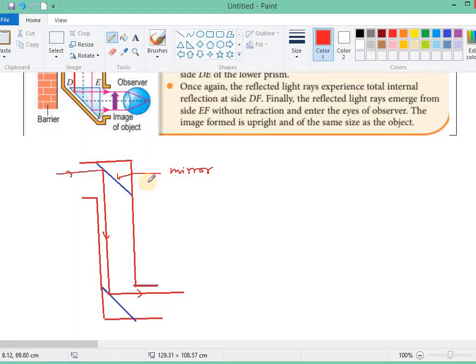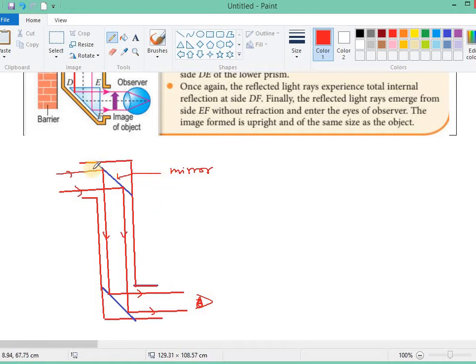The image will be less bright because the normal mirror can cause the light to scatter. So that means after reflecting, some of the light does not propagate together straight down, but spreads to other areas, in other directions.